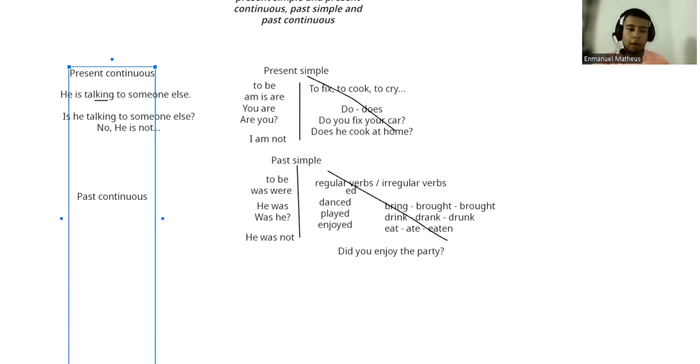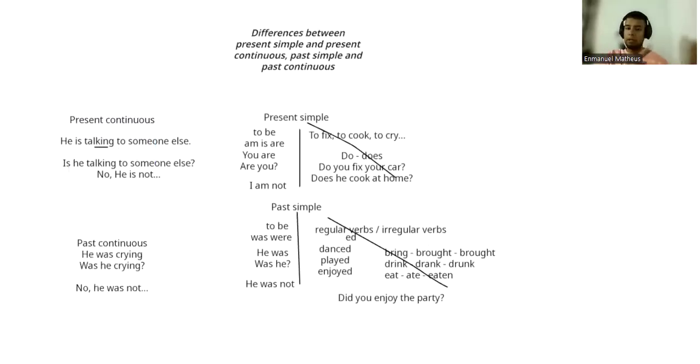So if we compare this topic, it's not difficult. Remember, present simple is divided into two categories, verb to be and non-verb to be. Past simple is also divided in two: verb to be, but in the past, and regular or irregular verbs. Regular verbs use the letters ed at the end, and irregular verbs change the structure three times, like bring, brought.